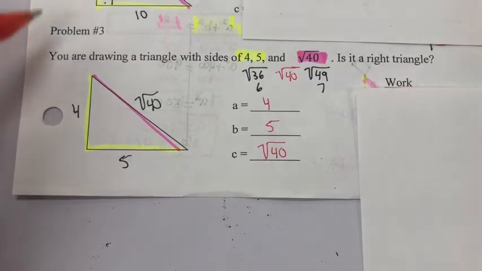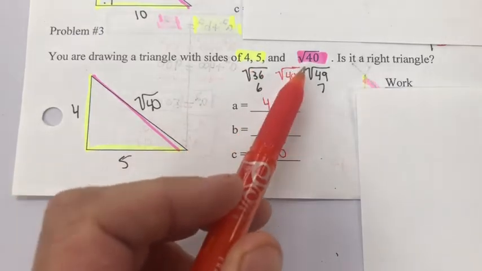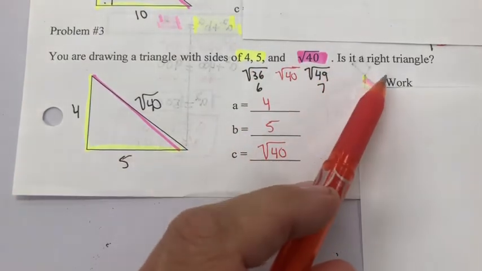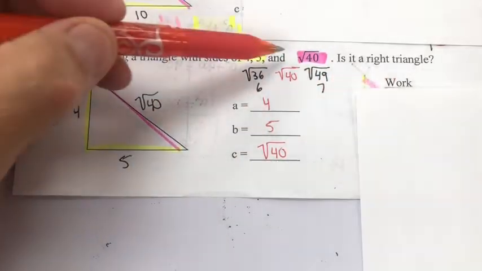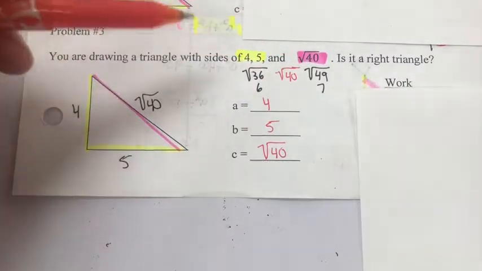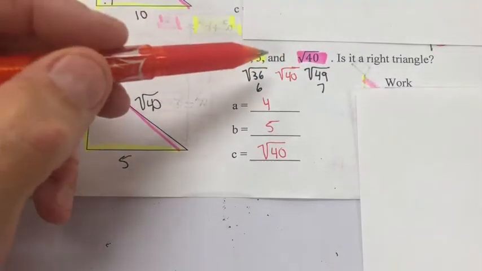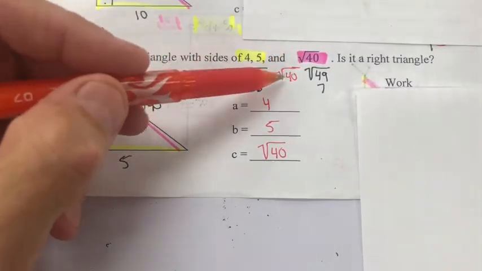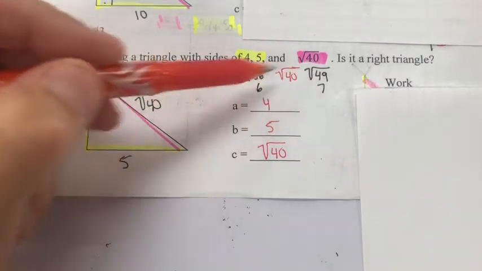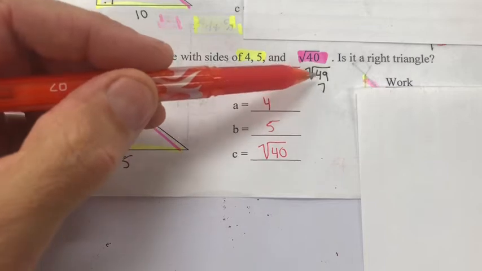For problem 3, you're drawing a triangle with the sides 4, 5, and the square root of 40. Is it a right triangle? Well, again, I need to approximate this value to see if it is the hypotenuse. So I'm going to find the perfect squares above and below: the square root of 36 is 6, the square root of 49 is 7.